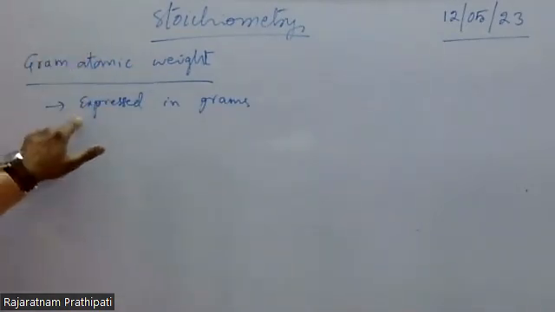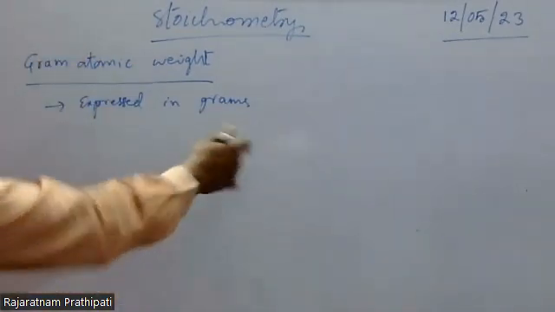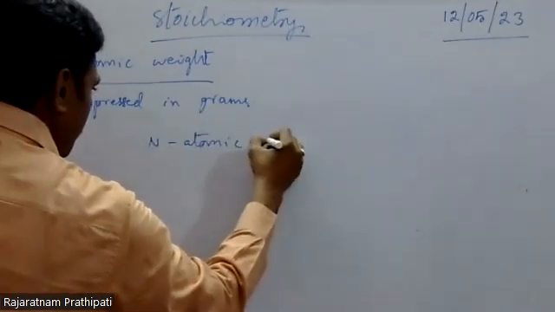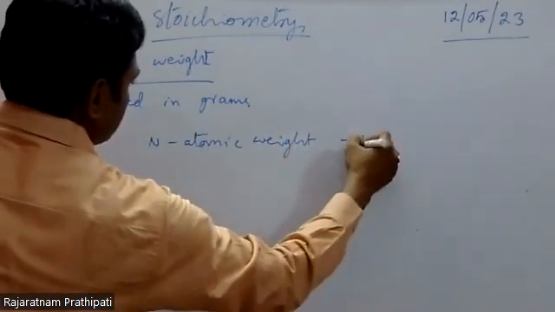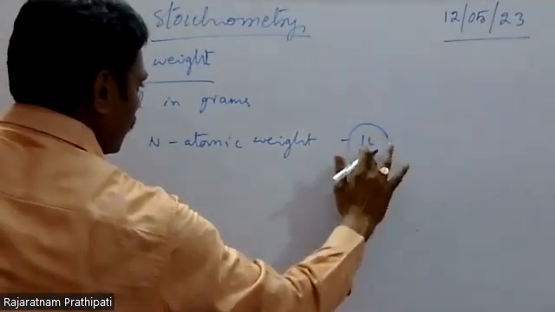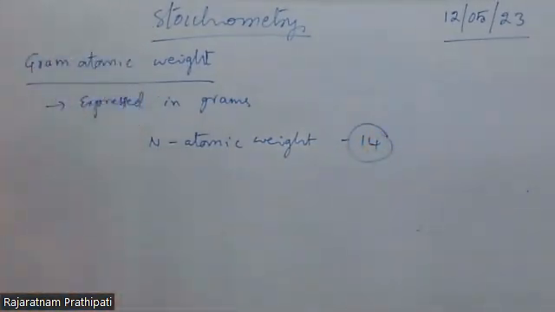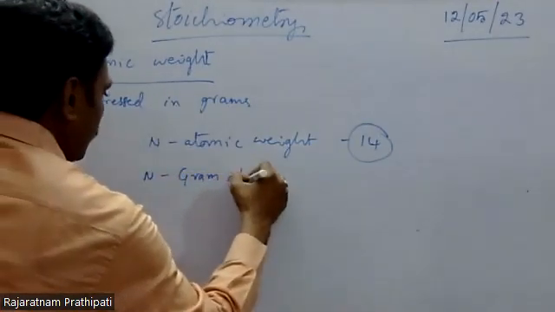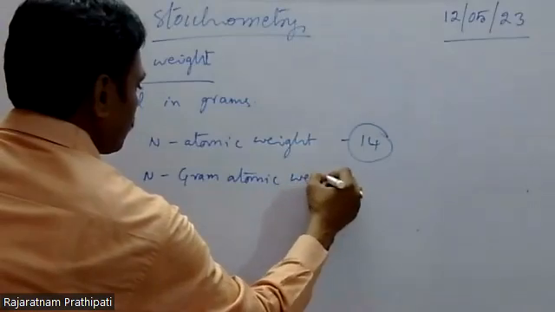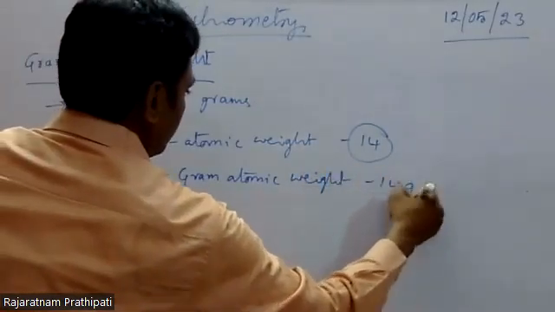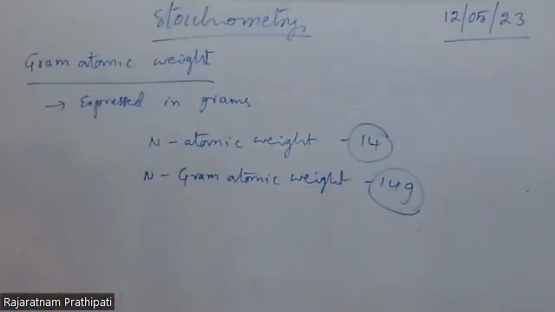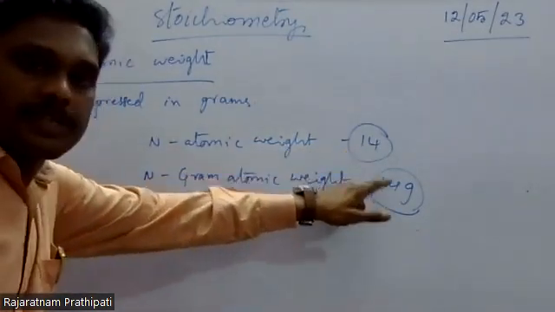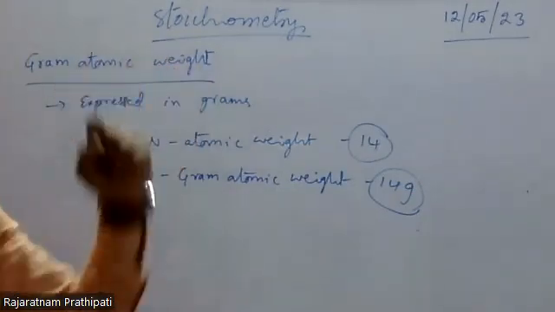In the previous case, we discussed nitrogen's atomic weight. How much? Relative atomic mass 14. Similarly, nitrogen's gram atomic weight is 14 grams. So simply, atomic weight expressed in grams is nothing but gram atomic weight.